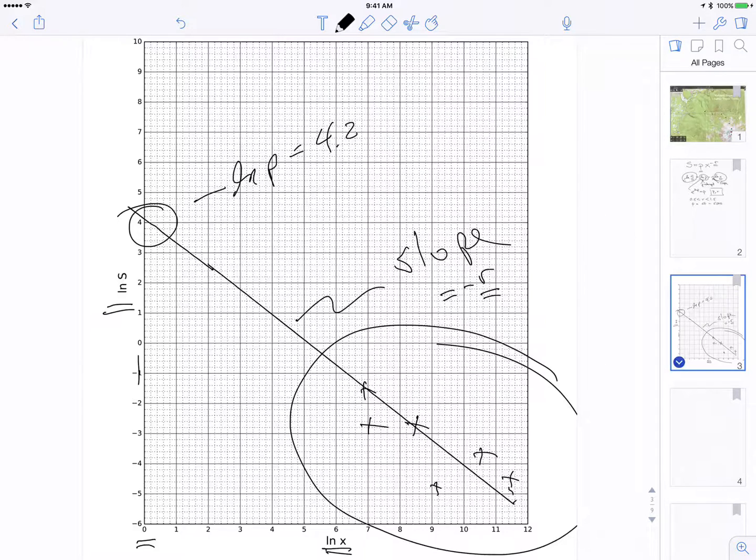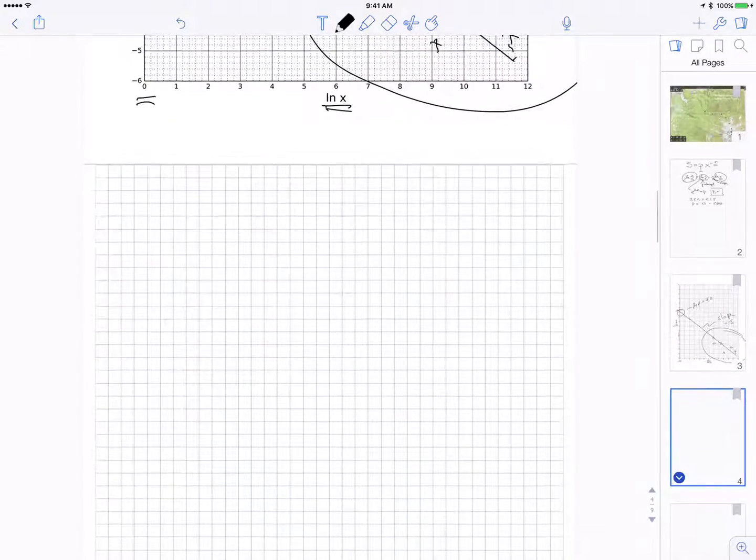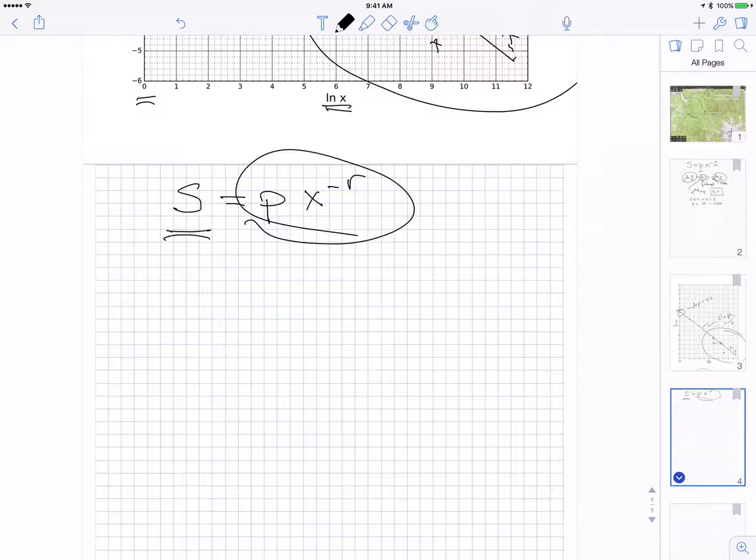And then the reason we do all this is that once we know p and r, then we can say that the slope is equal to p x to the minus r. So anywhere in our previous equations that we had the variable s, we can replace it with this equation, and that then will simplify the equations.